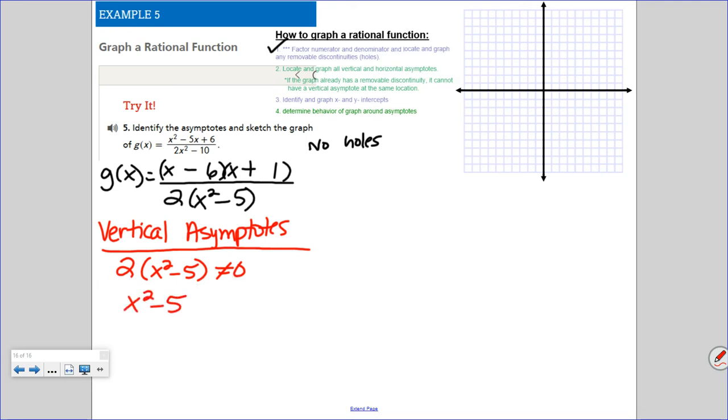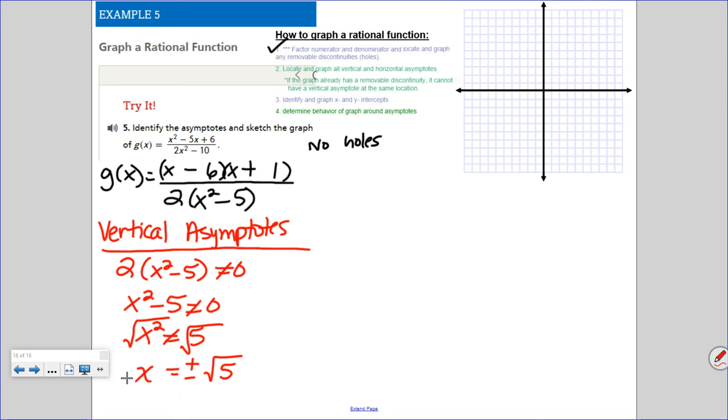X squared minus 5 is not allowed to equal 0. X squared is not allowed to equal 5. And since it's x squared, I can take the square root of both sides. Remember, I'm solving an equation, so anytime you take the square root of both sides, you need a plus or a minus the square root of 5. Anytime you solve an equation and you take the square root, you need a plus or minus.